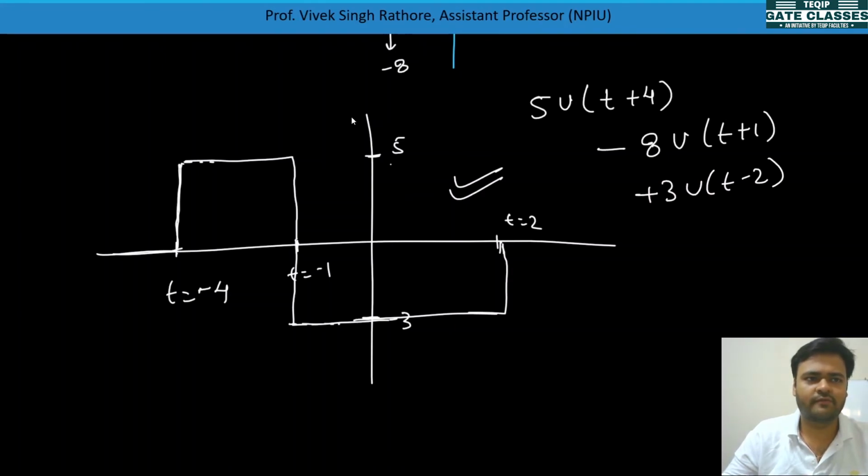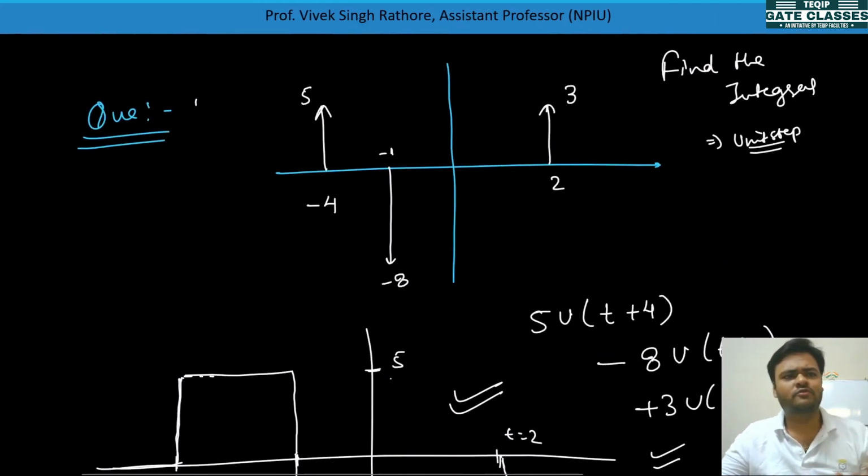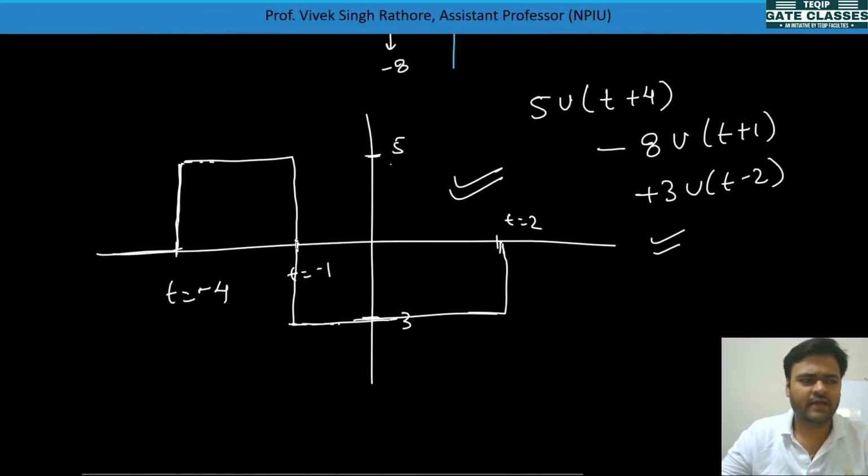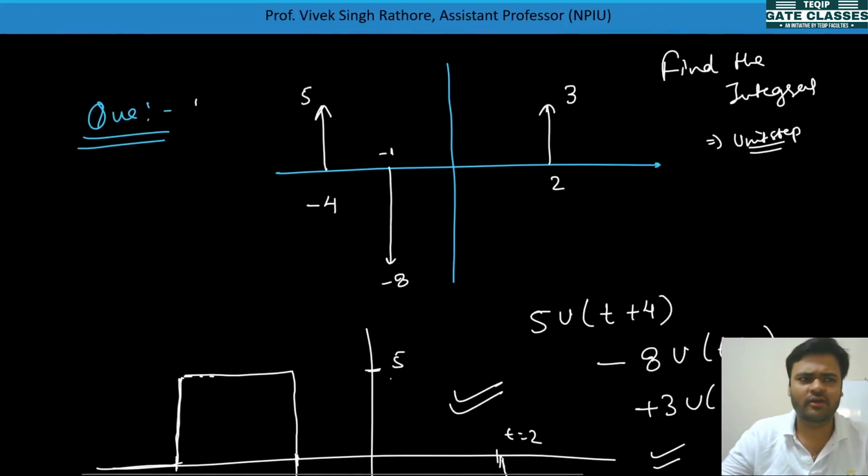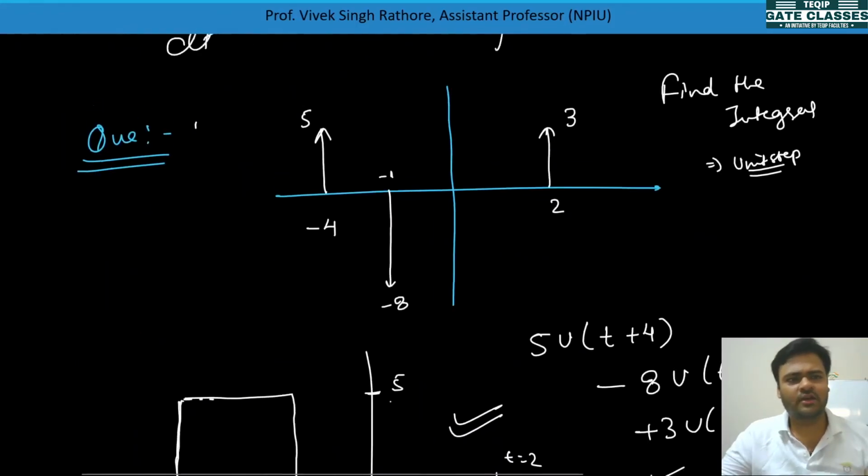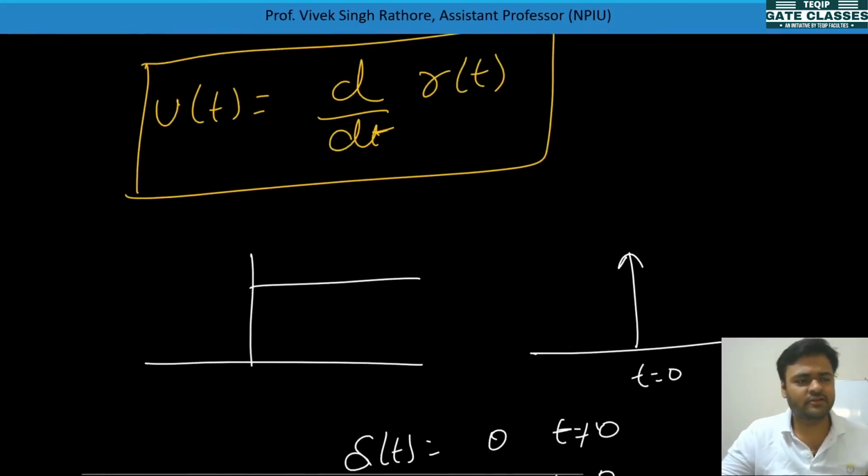So 5 plus 3 is 8, minus 8 is 0. It is a finite duration signal, and you can plot it either graphically or mathematically. So this was the integral signal, and this was the relation.